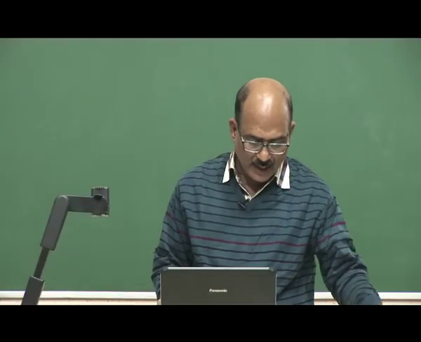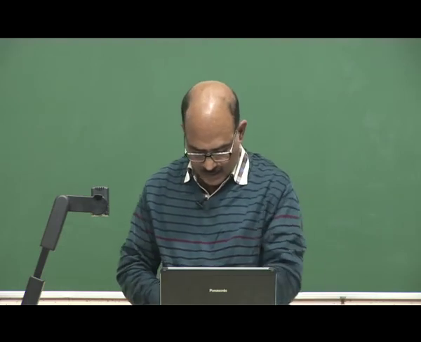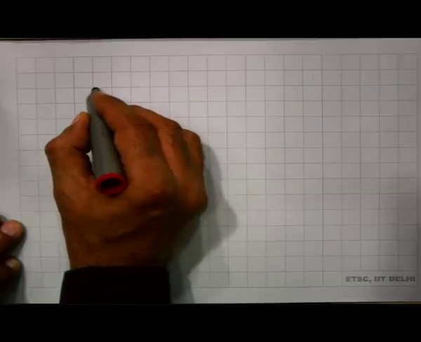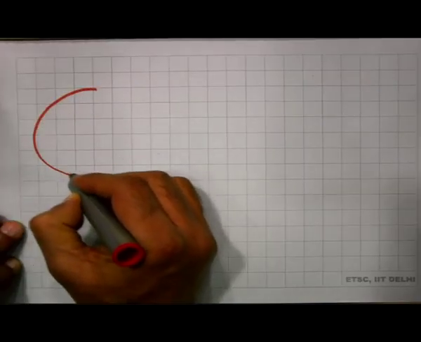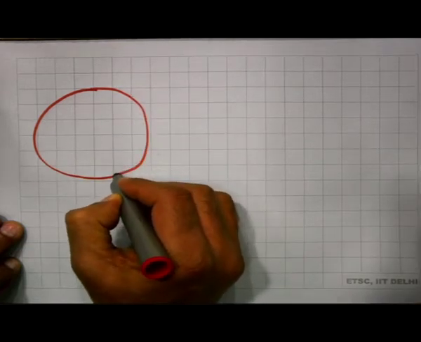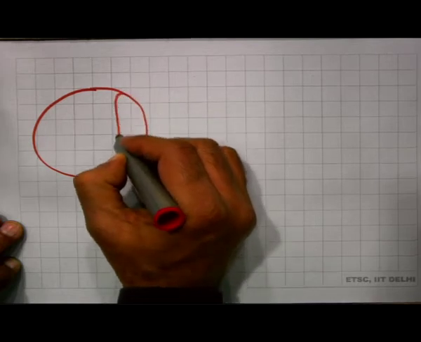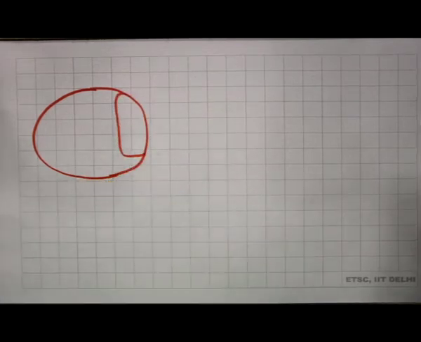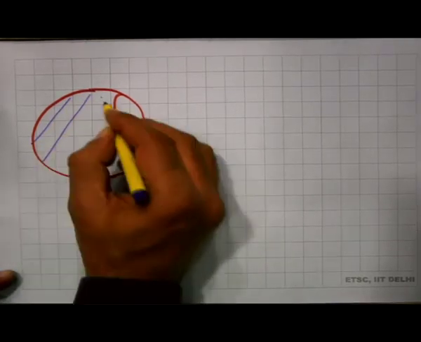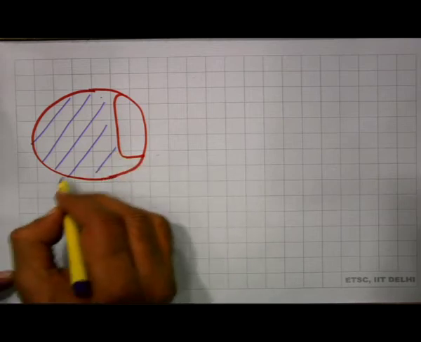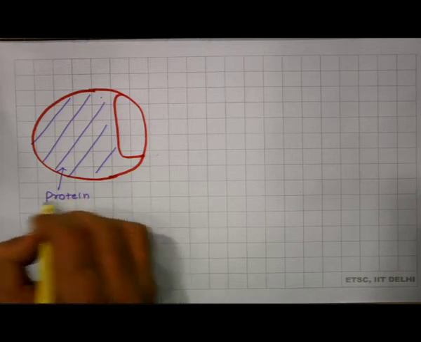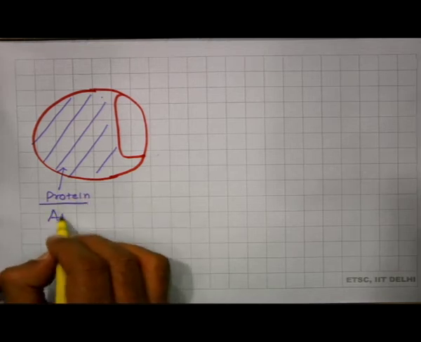Now, we can simplify this with the help of this structural diagram. If the enzyme, this is the enzyme, is a very large molecule, and this part is made by protein, that is called the apoenzyme.